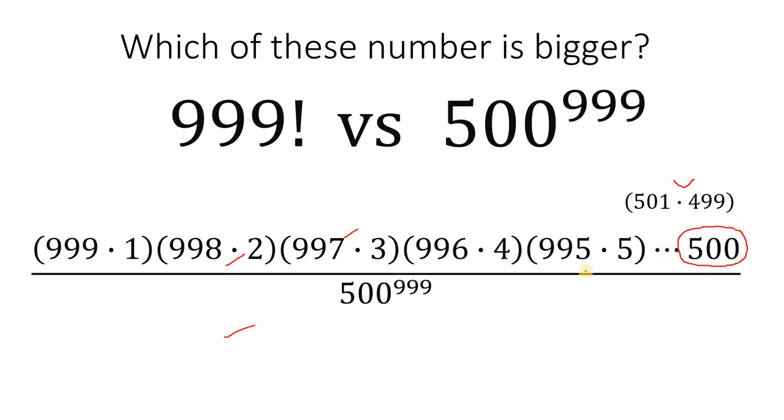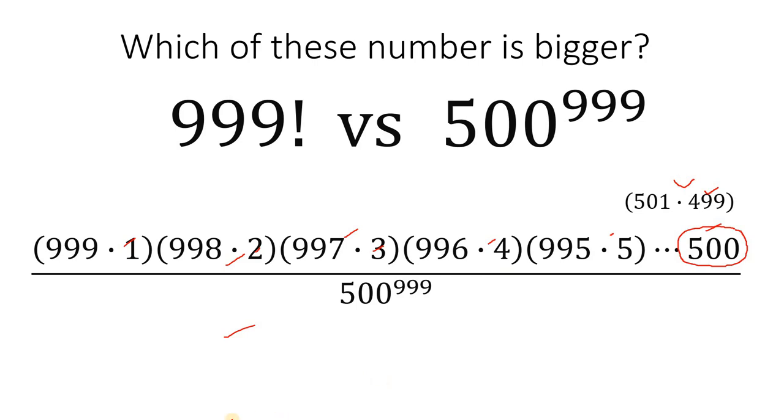So the question is, how many pairs are there in the numerator? We have 1, 2, 3, 4, 5, 6, 7, 8, 9, 10, all the way up to 499, and the last number is 500. So there are 500 terms or multipliers in the numerator.